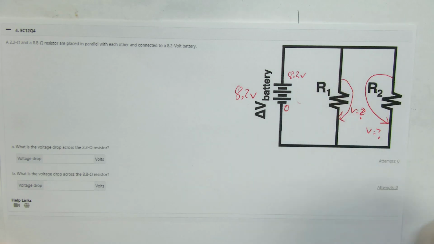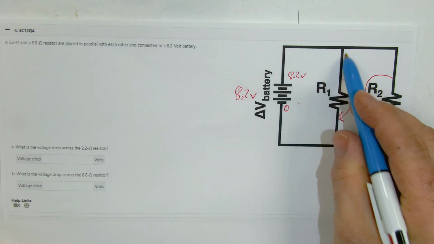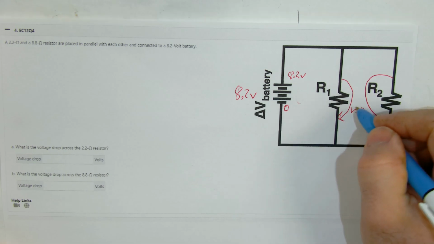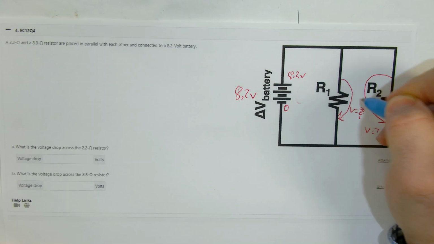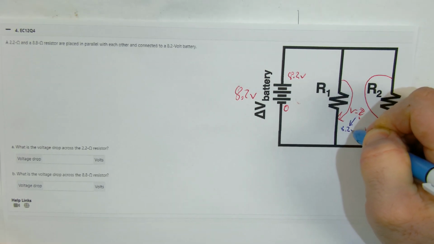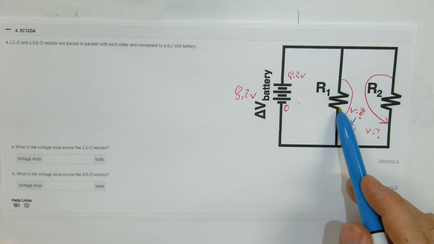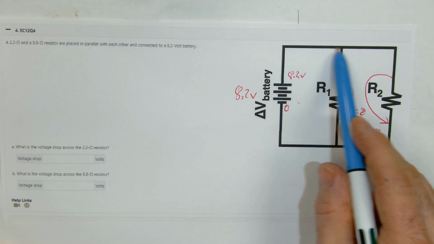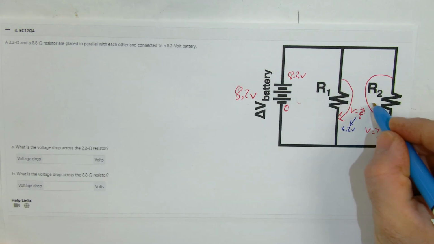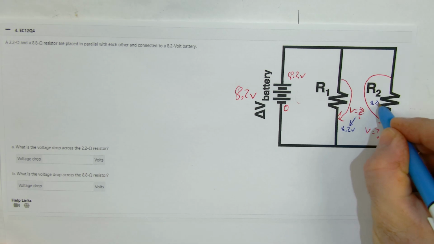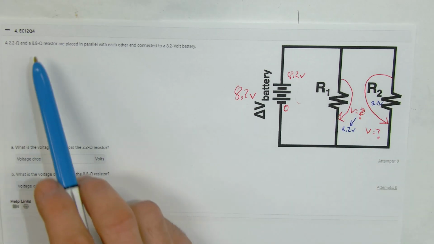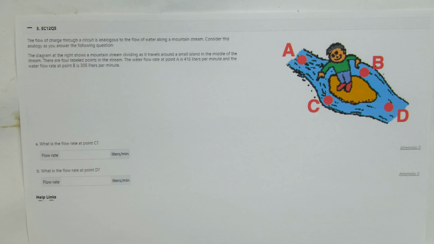Since an individual charge would travel only through this resistor, there would be an 8.2 volt drop across here. Likewise, a different charge would pass through just this resistor, so it would be the same voltage as well, 8.2 volts. That's how you would complete question 4.